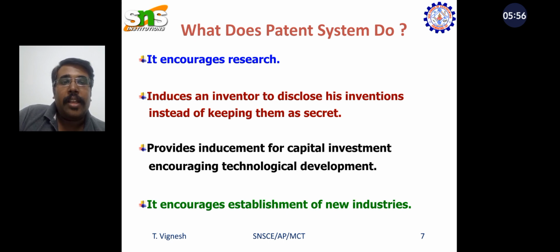It also provides inducement for capital investment, which encourages technological development, and encourages the establishment of new industries, where new employment opportunities can be created with the help of innovation.